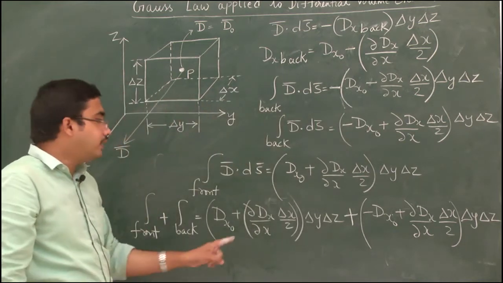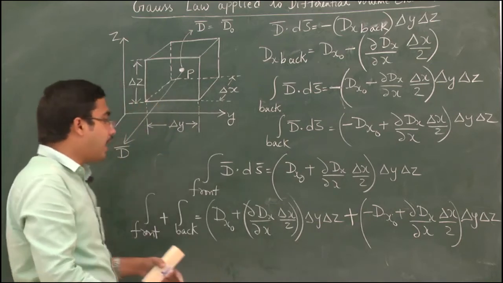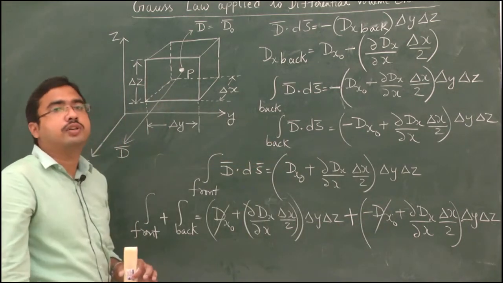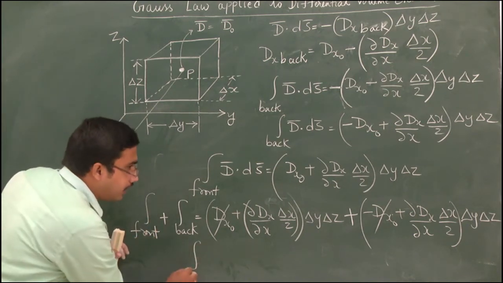Now if you take Δy and Δz as common from both of them, we can cancel plus Dx0 and minus Dx0.